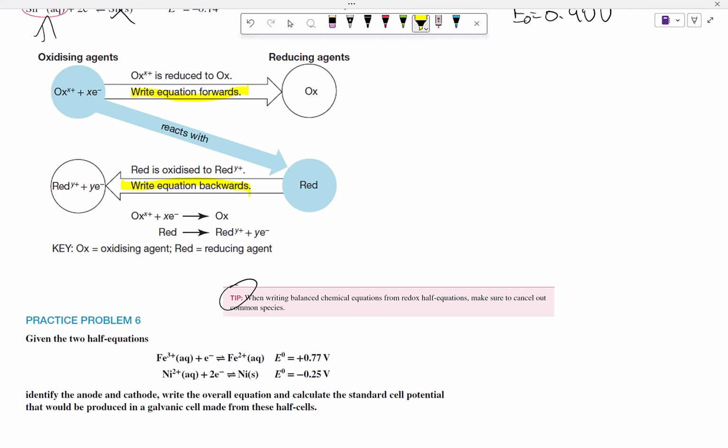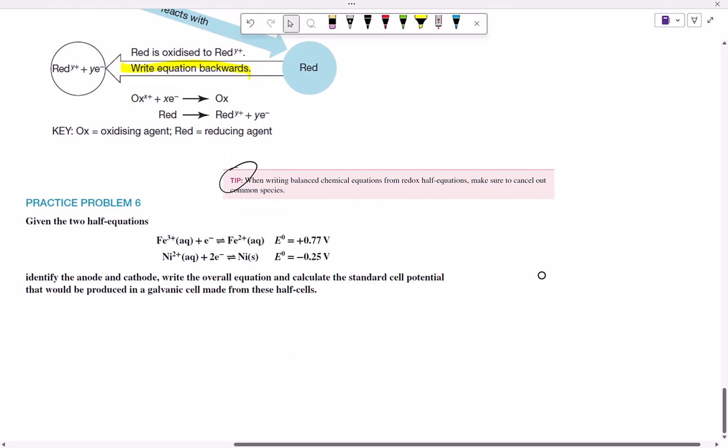Okay, so let's have a look at this question. I've got Fe3 plus plus an electron giving me Fe2 plus with an E naught of 0.77. Nickel 2 plus plus 2 electrons goes to nickel, and it's got an E naught of negative 0.275.